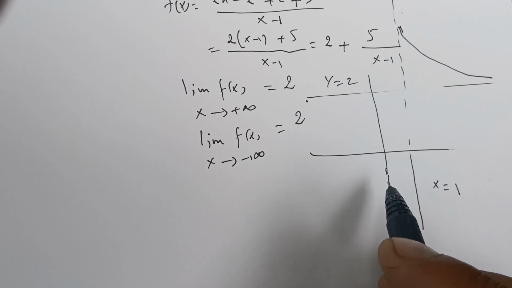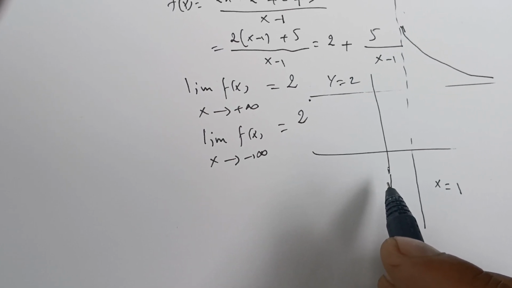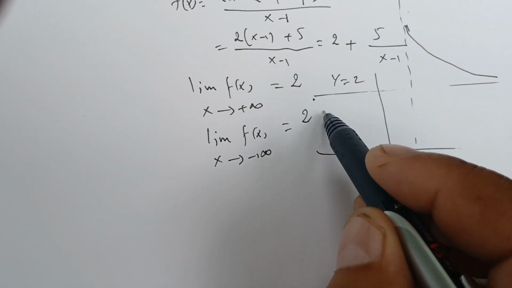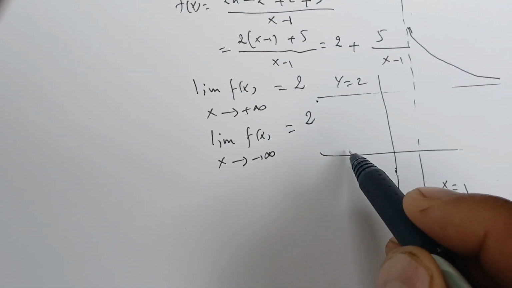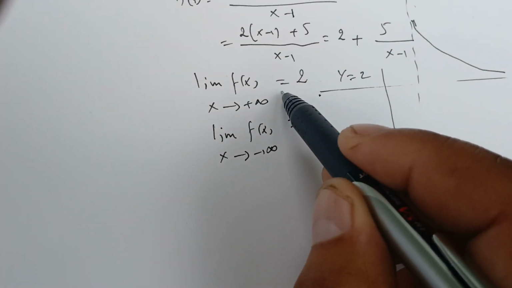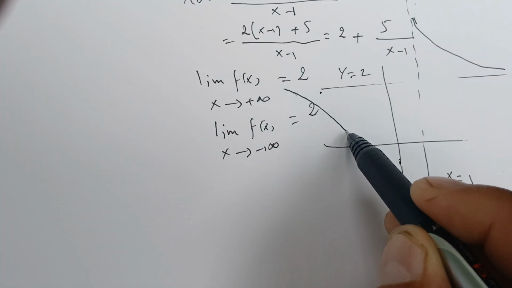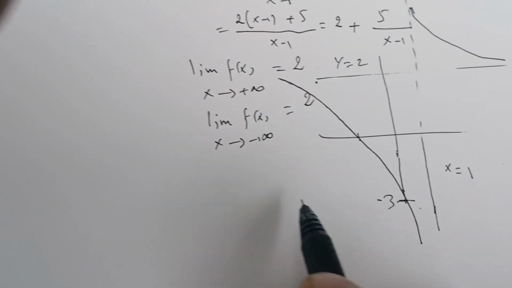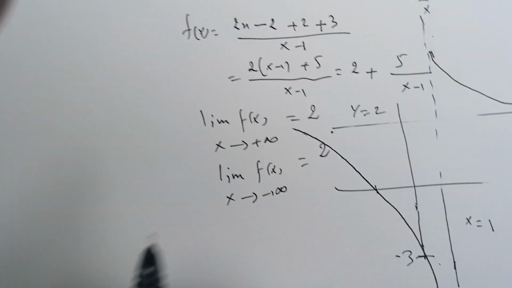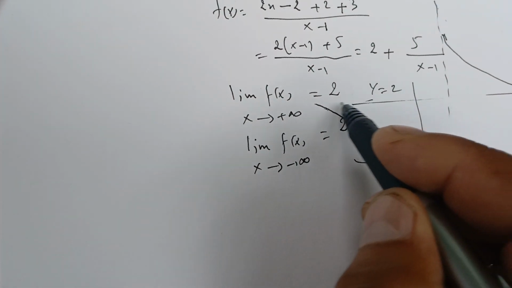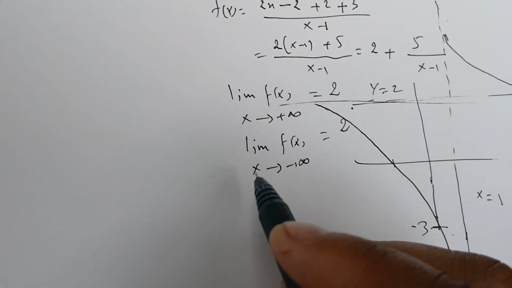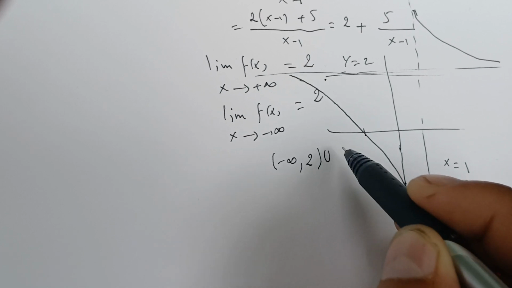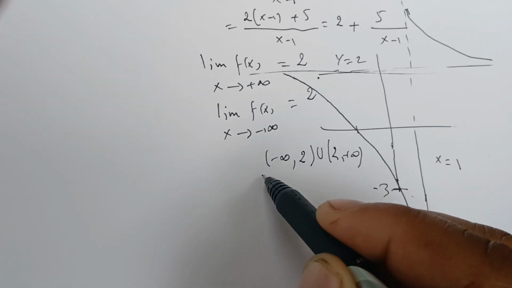That's the problem that we have. The function here is doing this. It's minus 3. So we see the range now: minus infinity to 2, union 2 to plus infinity, but we want to prove it.